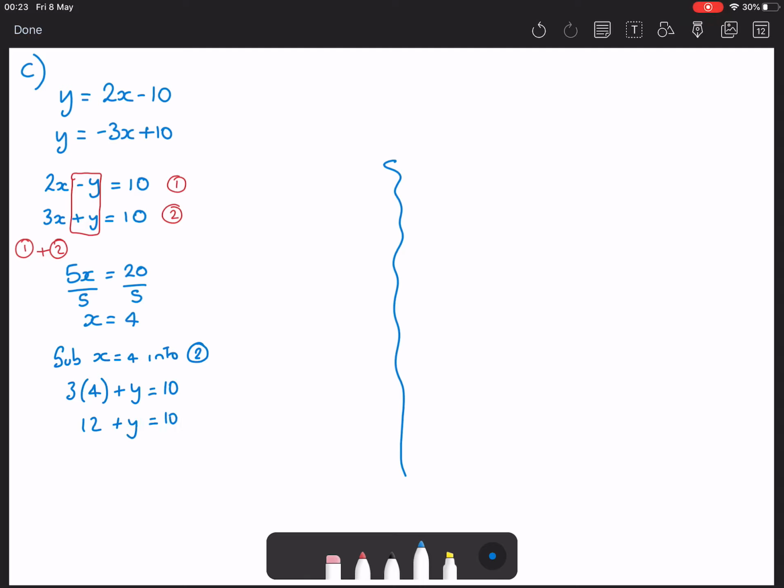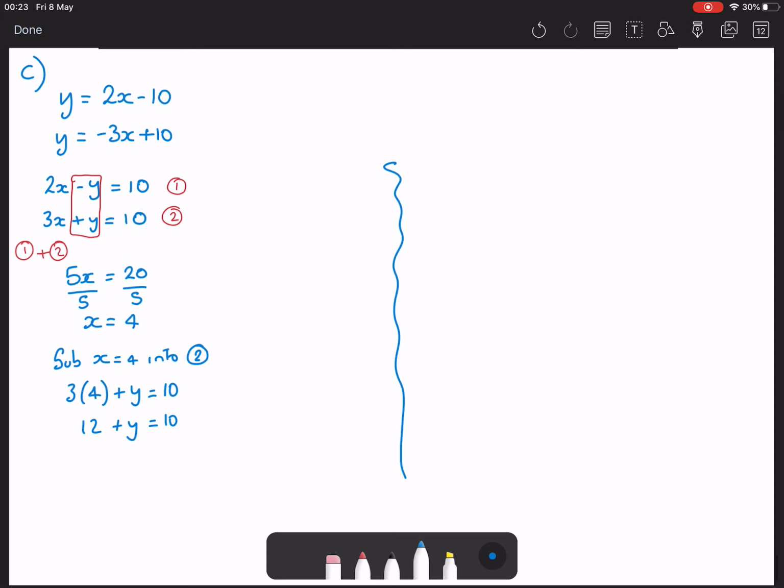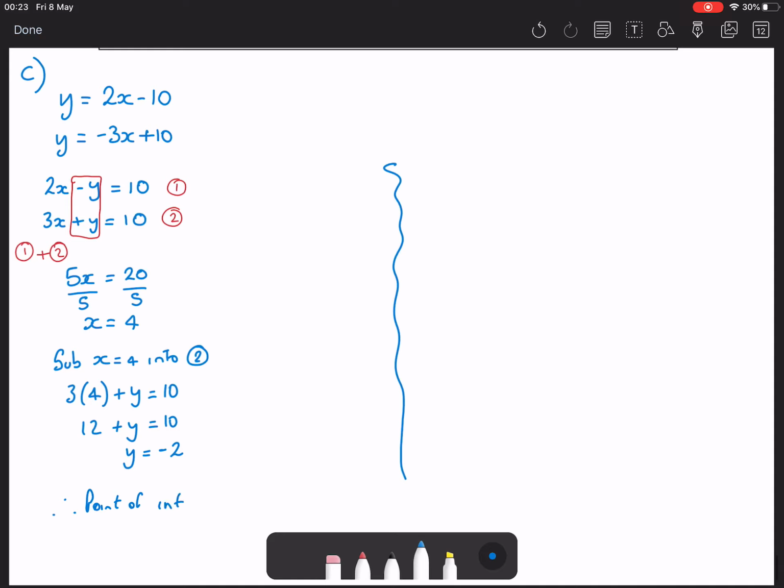And I take away 12 from both sides. y must equal minus 2. Therefore, my point of intersection, answering the question, is the point (4, -2).